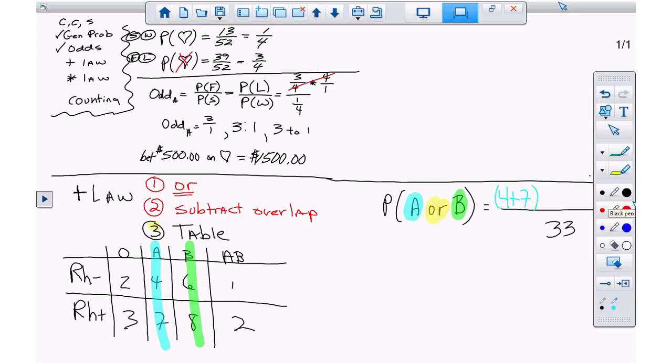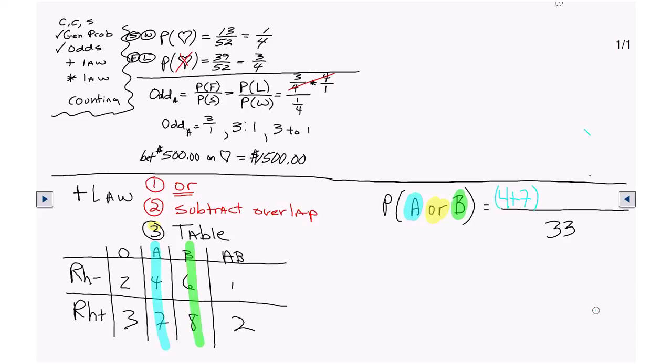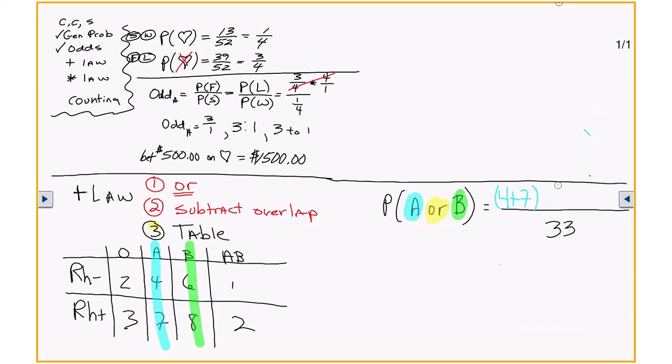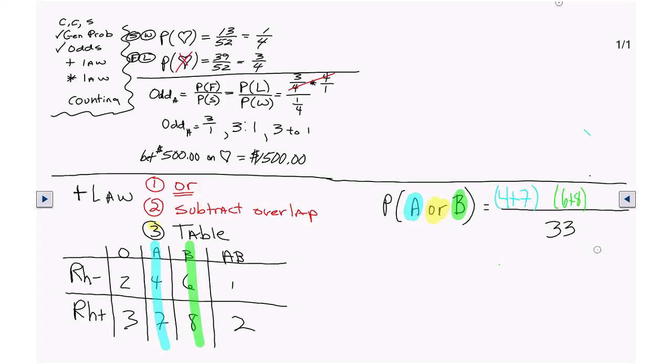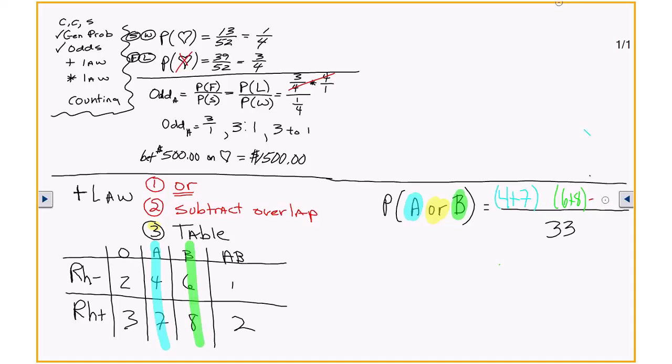Okay, plus, and I'm going to use my green, and that's going to be plus 6 plus 8. And my red is going to be my overlap, and I always subtract my overlap. Do I have an overlap? No, so you put in 0.